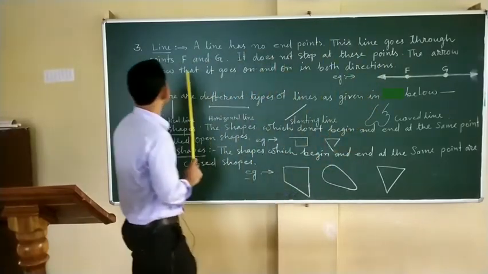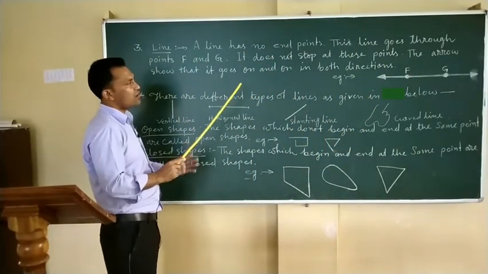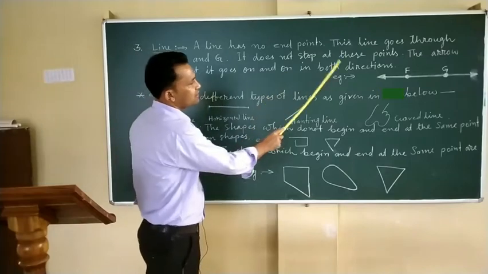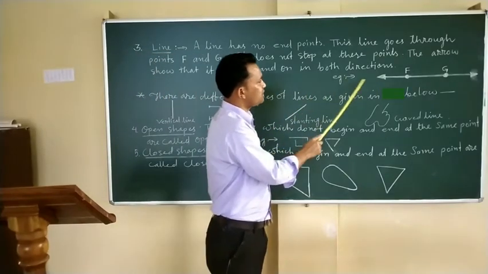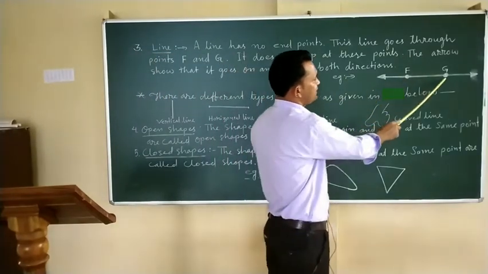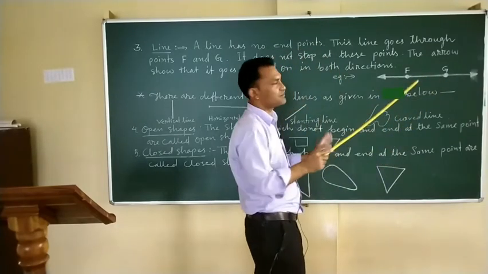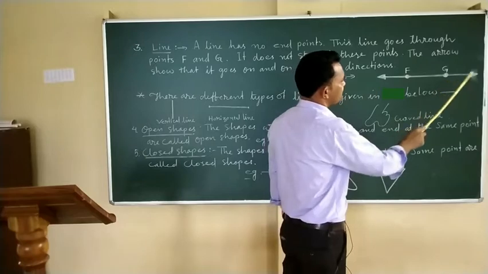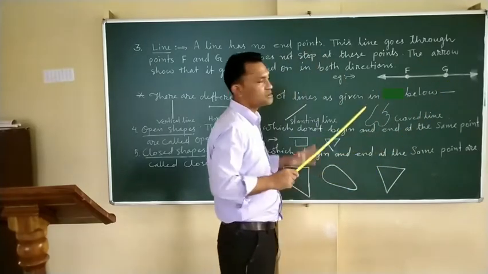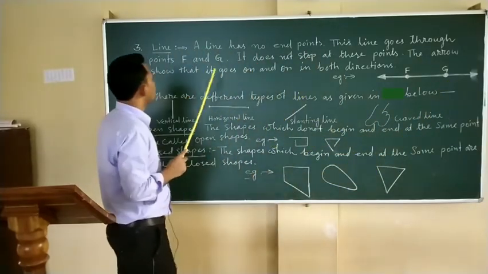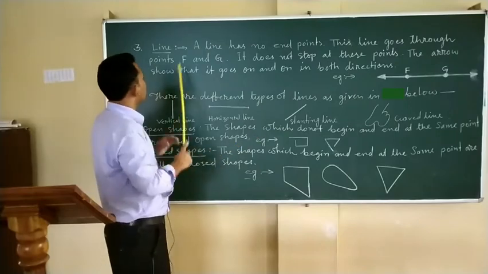The arrow shows that it goes on and on in both directions. You see, in the example, both sides of F and G, it goes on, both left and right, both sides.